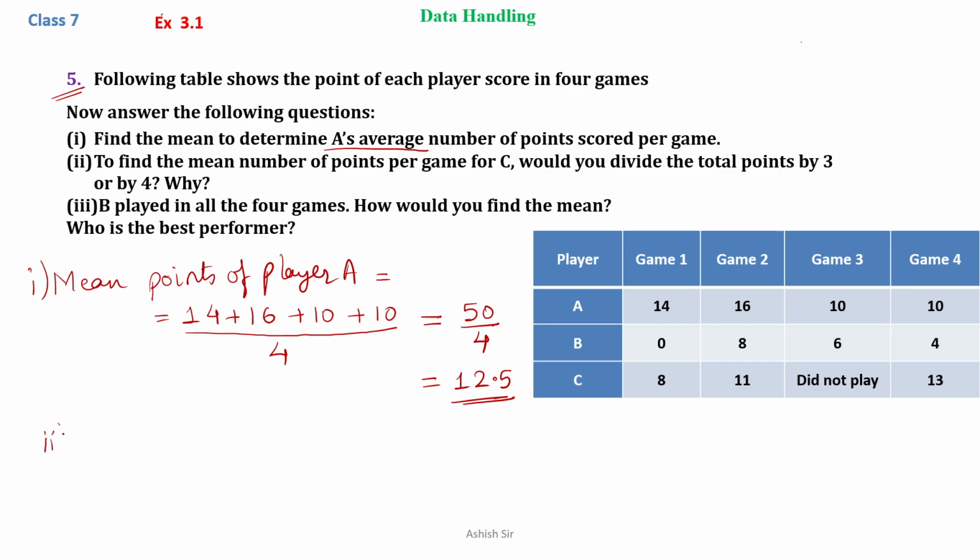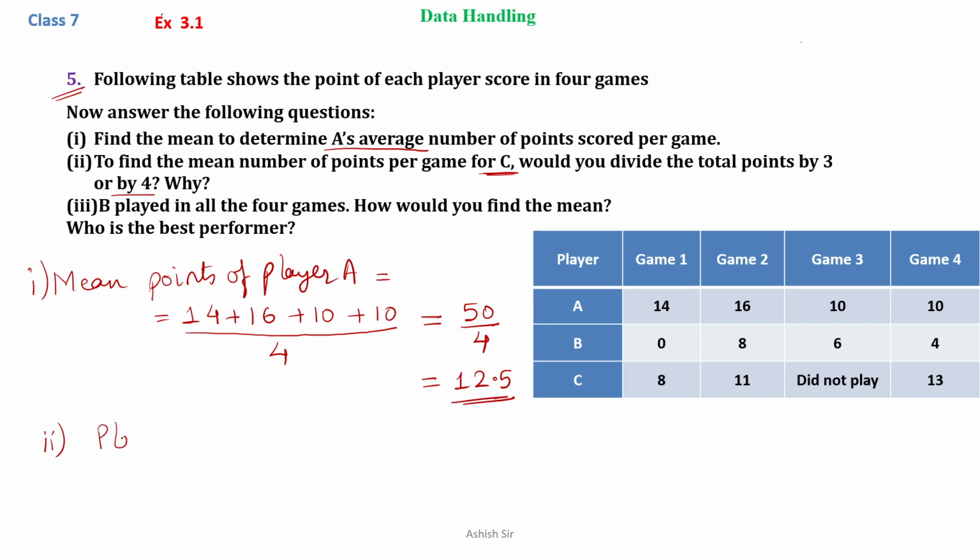Now, question number 2. To find the mean number of points per game for player C, would you divide the total points by 3 or by 4? The answer is that we have to divide it by 3 only. Why?